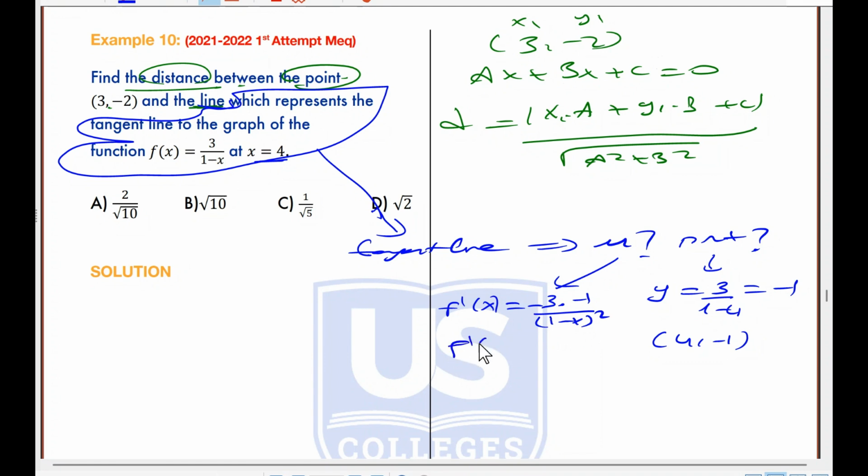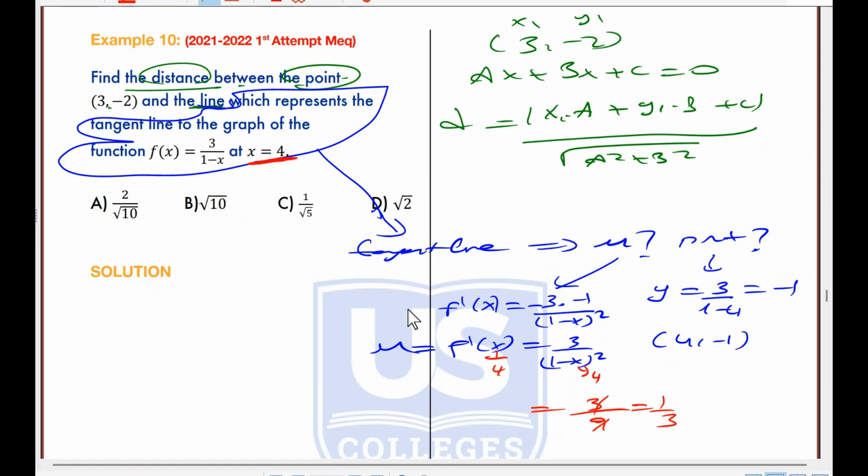So my derivative becomes 3 over 1 minus x squared. I'm looking for slope at x equals 4, so I'm going to replace my x's with 4. It becomes 3 over 1 minus 4, minus 3 squared, 9. So 3 over 9, 1 over 3.